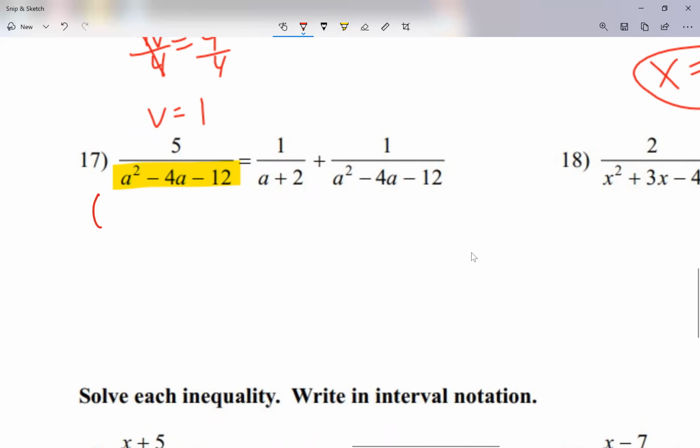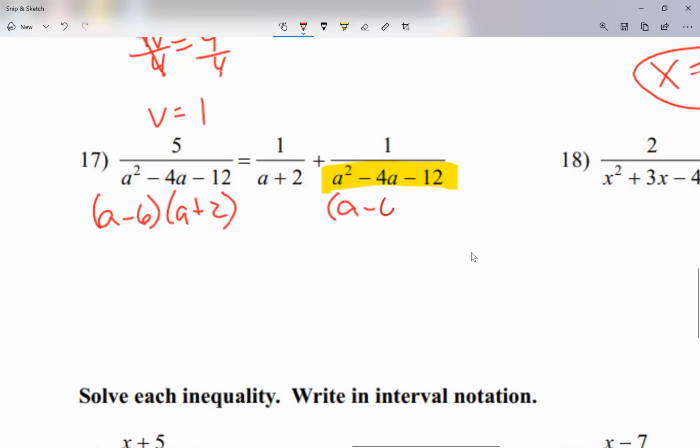I'm going to say a minus 6, a plus 2. My second fraction is just an a plus 2, nothing I can do. And on this last one, I'm going to factor this as a minus 6 and a plus 2.